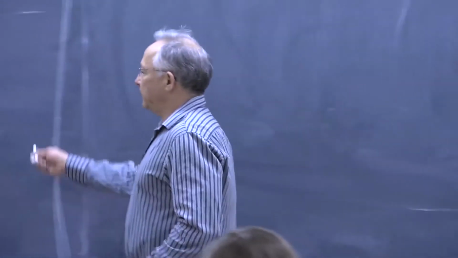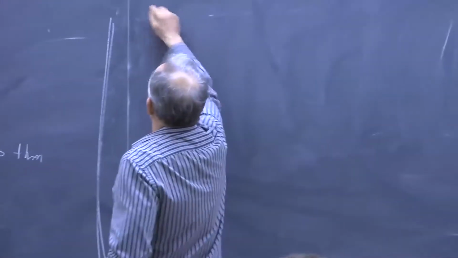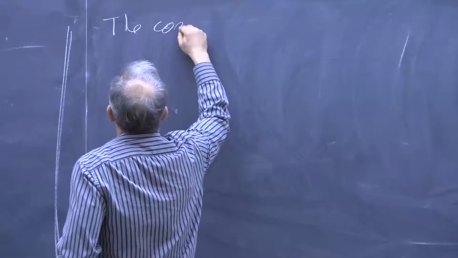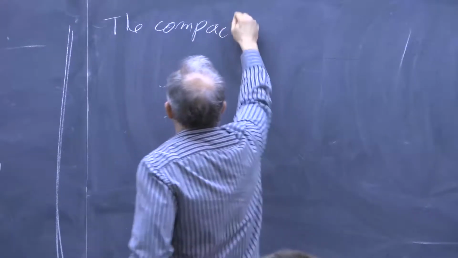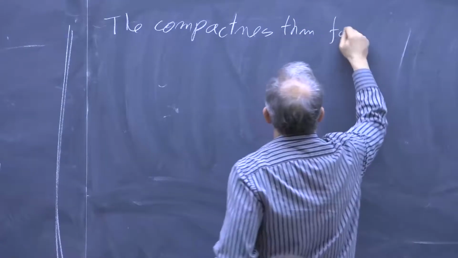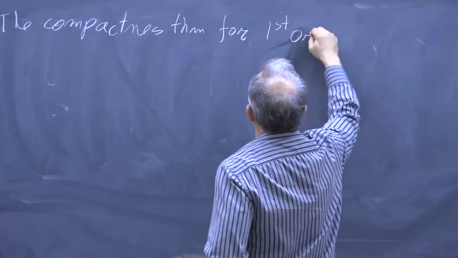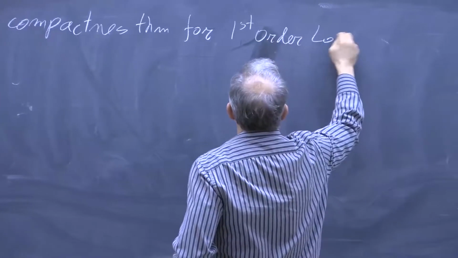Okay, so this is where we are now. So what is the compactness theorem? Exactly like we had in propositional logic. Theorem for first order logic.